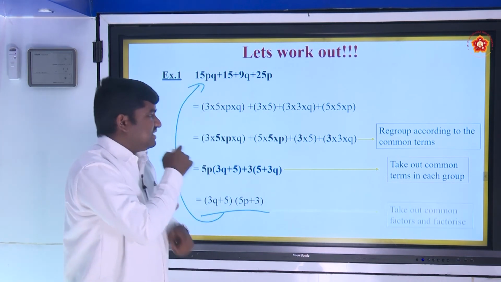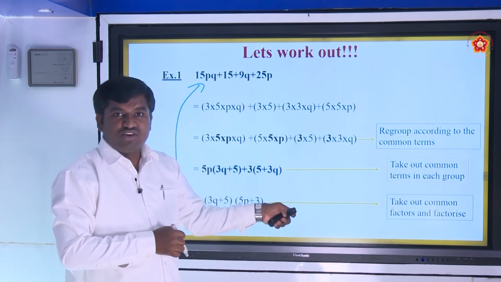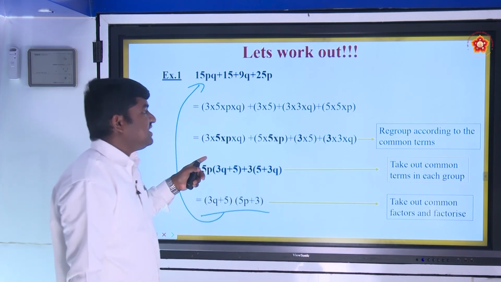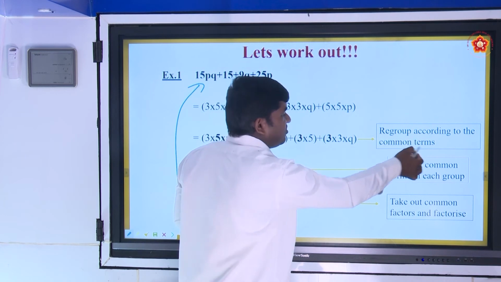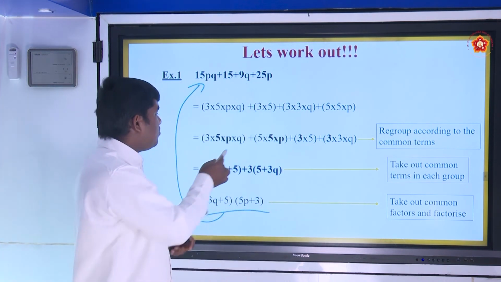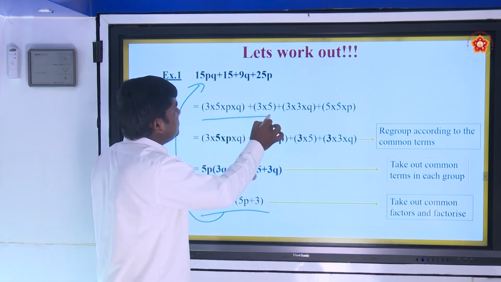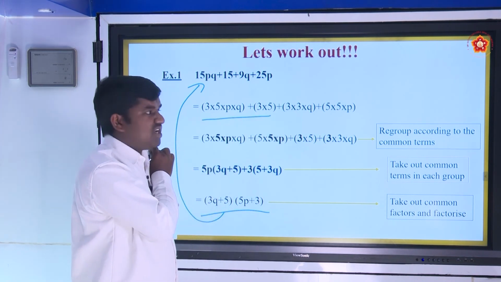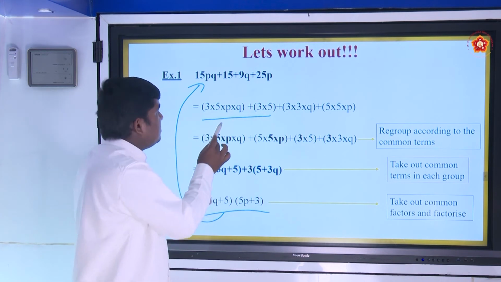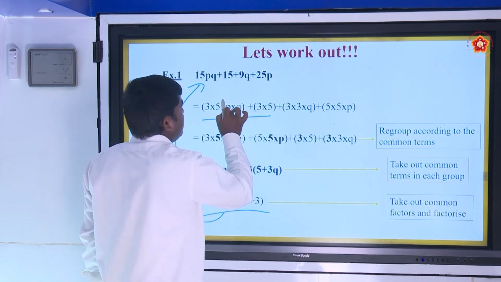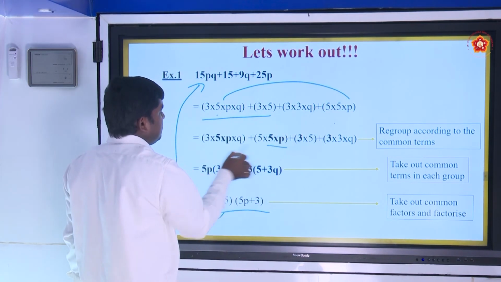Okay, yes, let's check the procedure. In this, what do we have to do? First, regrouping according to the common terms. In the first two terms there are no common terms, so what have we done? First one and last one, we have grouped first.